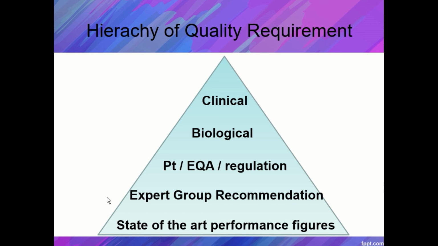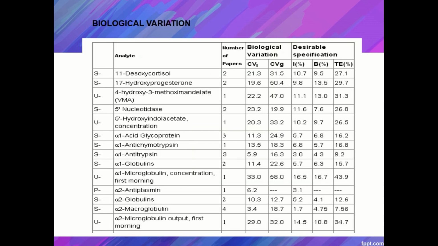If the test doesn't have a quality requirement in these three criteria, and there is no expert that made the quality requirement, maybe we need to find it from the state of the art performance figures. Maybe we have to find it from any research, any journal that publishes a study of the performance of the test.